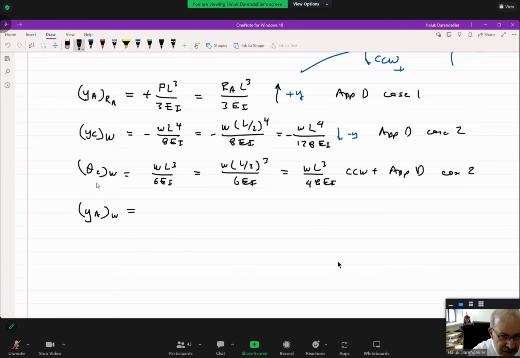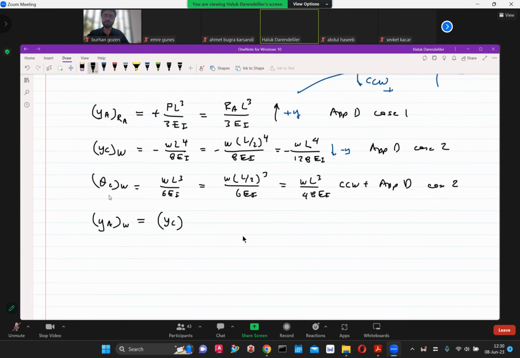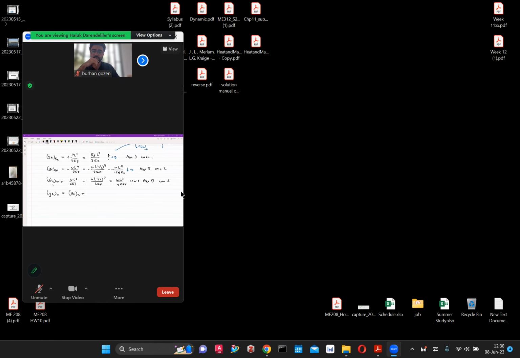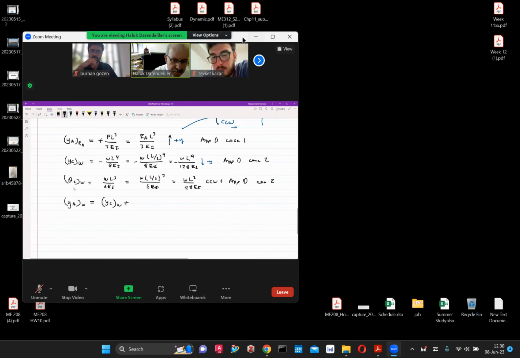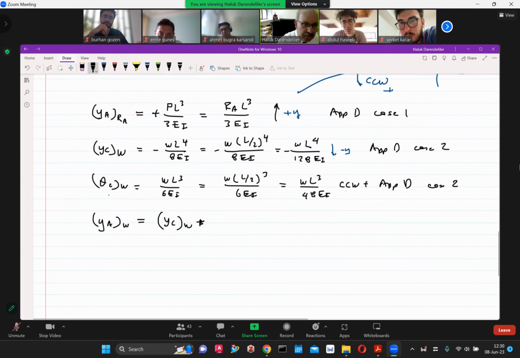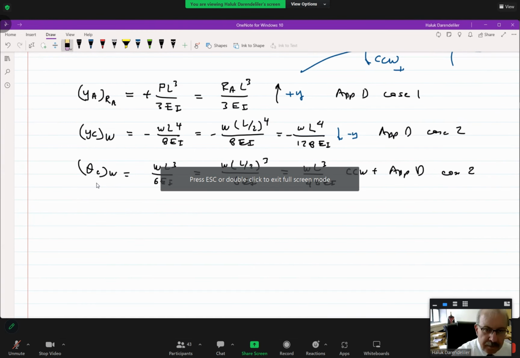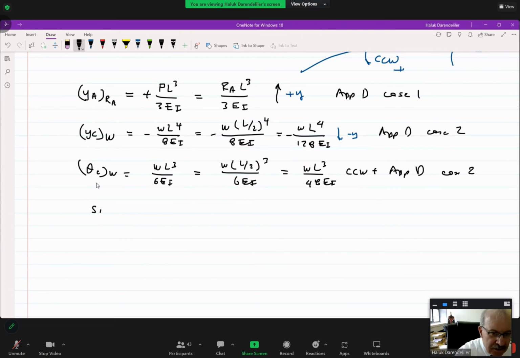This is equal to deflection of C due to W plus, now the portion CA is straight, plus, let me write it here later. One second friends. Okay. Look. Let me write this and then we discuss. Since portion AC is straight for loading 2.